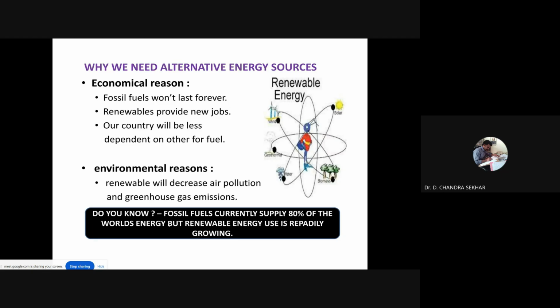So for environmental reasons, renewable energy will decrease air pollution and greenhouse gas emissions. Fossil fuels currently supply 80% of the world's energy, but renewable energy use is rapidly growing.